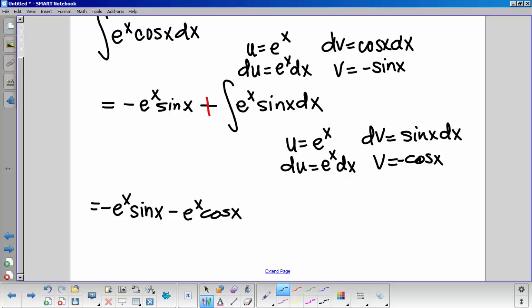Oh wait, yes it does, because it's minus and negative. That's not helpful. Just put dot dot dot.